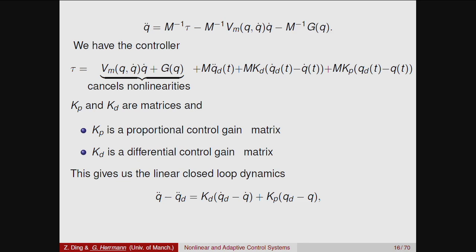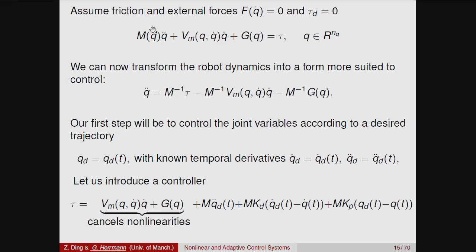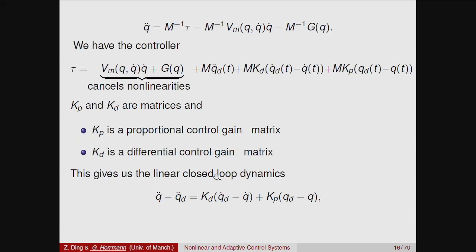As we see here, M and V are not necessarily diagonal matrices. They are populated across the whole thing. But we can decouple these dynamics by making KD and KP diagonal, and we can choose each KD and KP specifically.